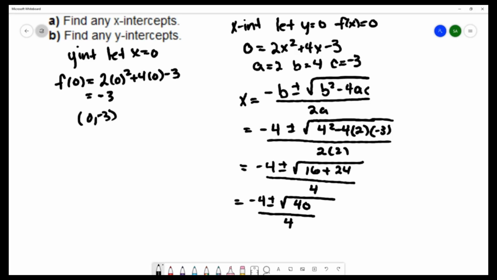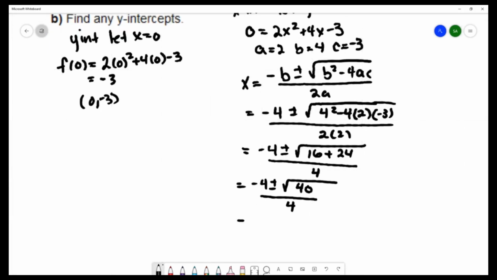I will simplify the radical. So to simplify the radical, I'm going to write 40 as 4 times 10. The square root of 4 is 2. And the final thing that I'm going to do to simplify is to look for common factors between the numerator and denominator.